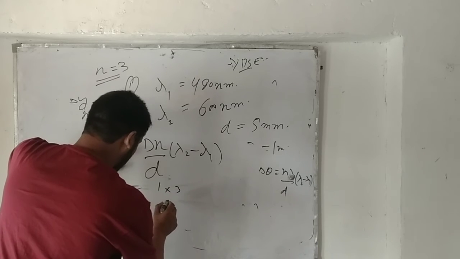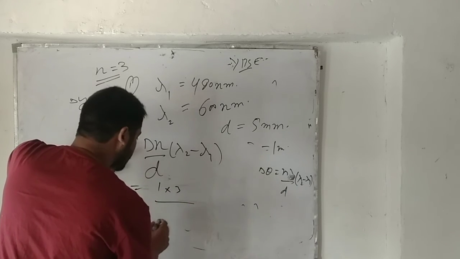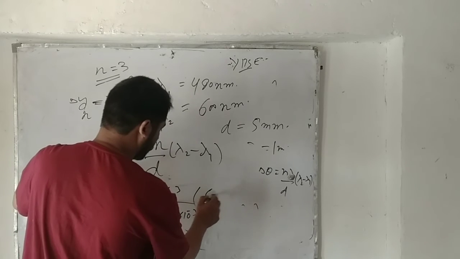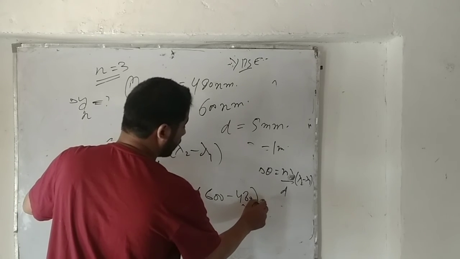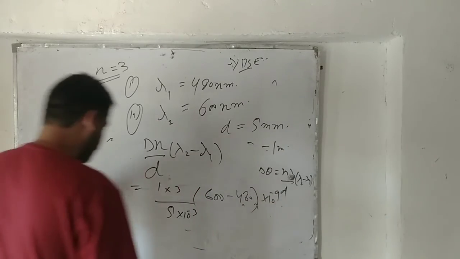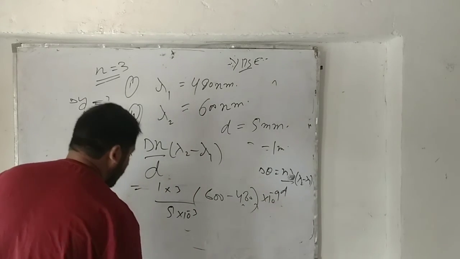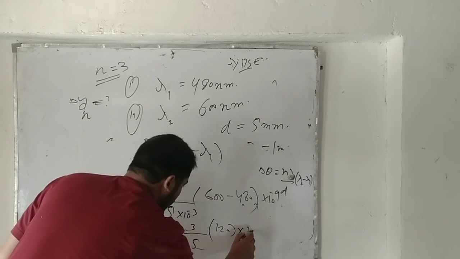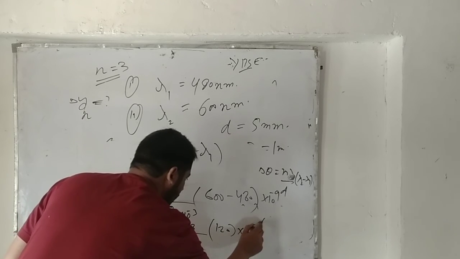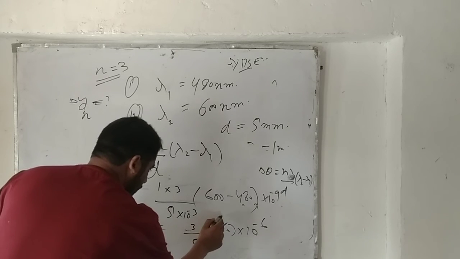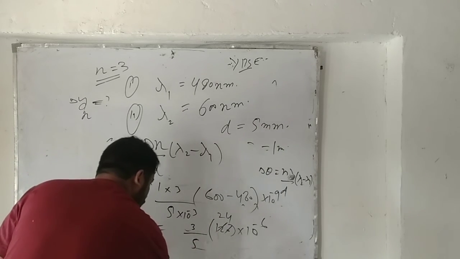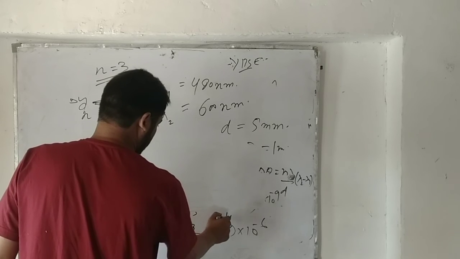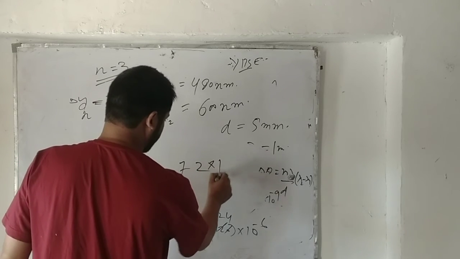The question asks about the third order bright fringe. So d is 5 millimeter, lambda 2 is 600 and lambda 1 is 480, and 1 nanometer is 10 to the power minus 9 meter. So it will be 3 by 5, times 120 into 10 to the power minus 6, which gives 72 into 10 to the power minus 6 meter.